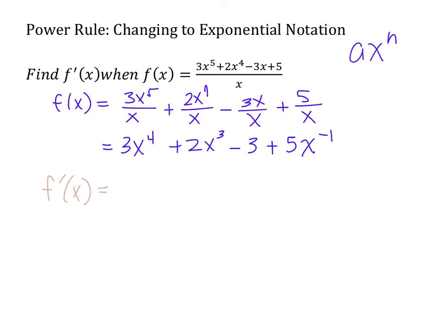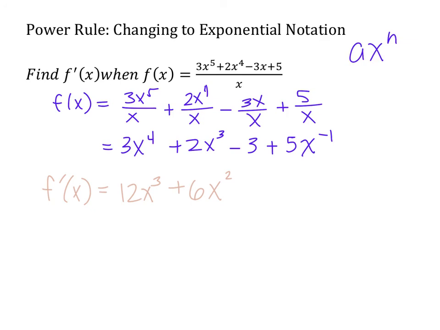f prime of x is 4x cubed. I'm just jumping straight to the derivative now because it's a little bit easier for us now, right? So we have 2x cubed, I'm going to multiply by 3, so we have 6x raised to 3 minus 1, so x squared. Now we have a number, -3. If there's no variable, the derivative is 0, so that's actually going to be nothing.